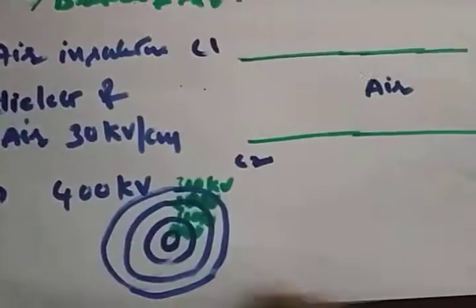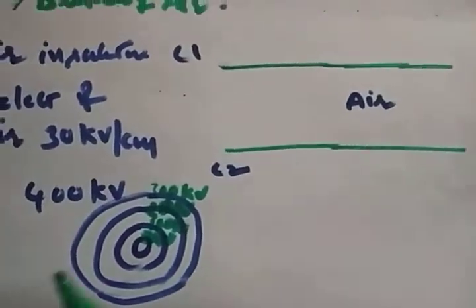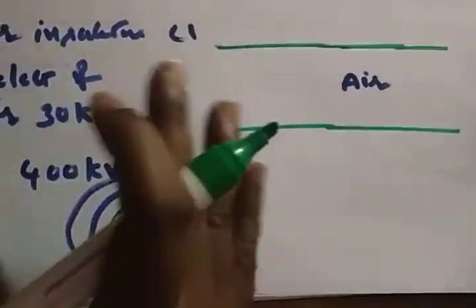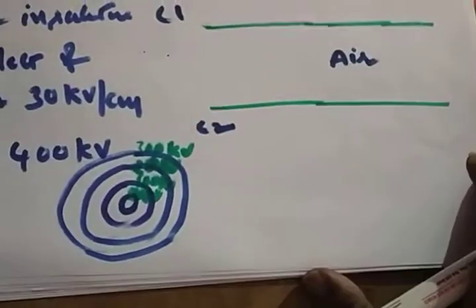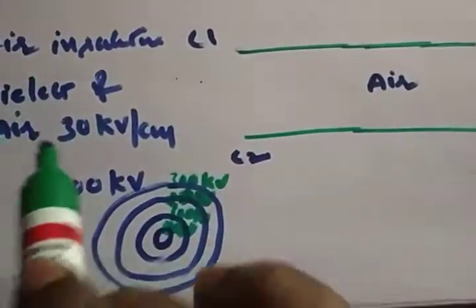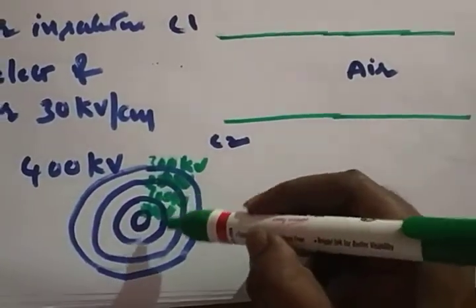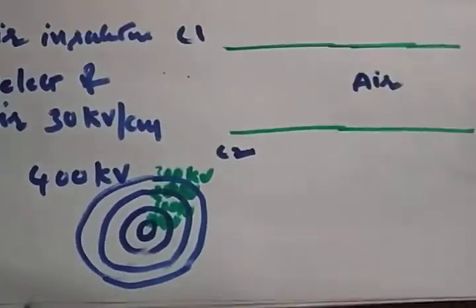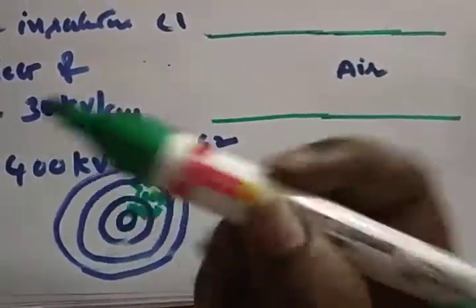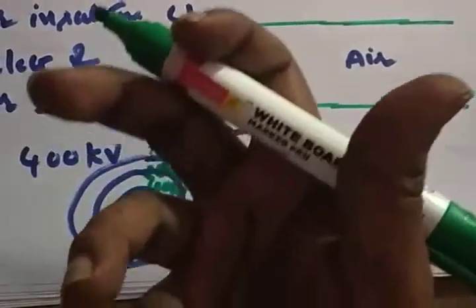We'll discuss another unit, the performance of transmission lines, in which you will clearly understand the potential gradient concept. While the conductor is carrying 400 kV, the surface layer has more voltage, so the potential gradient is very high at the surface of the conductor.